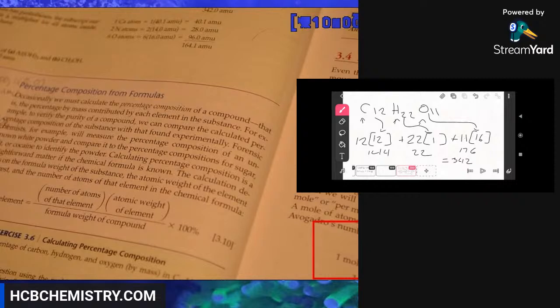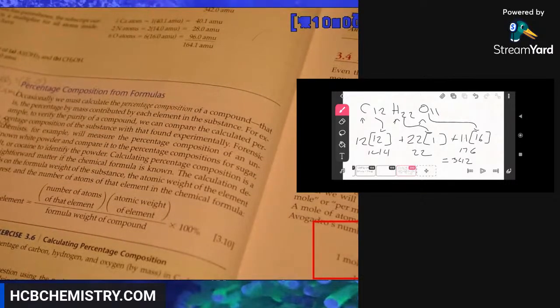Forensic chemists, for example, will measure the percentage composition of an unknown white powder and compare it to the percentage composition of sugar, salt, or cocaine to identify the powder.